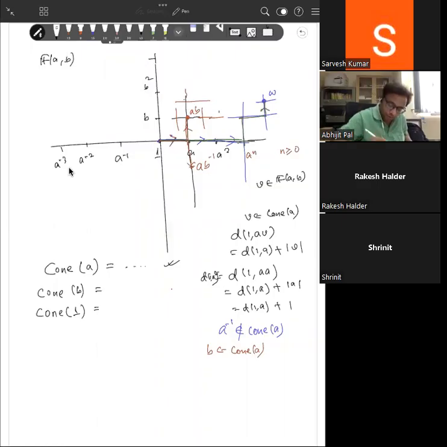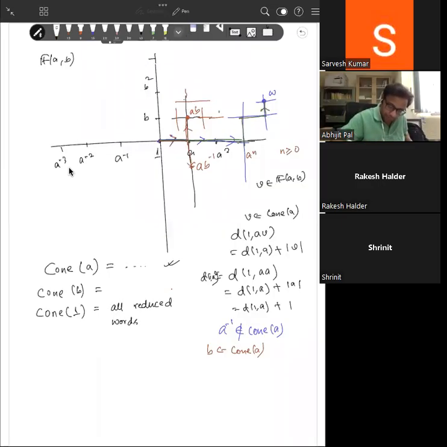So cone of 1 will be all reduced words. Will 1 also be there? You have to take reduced words.